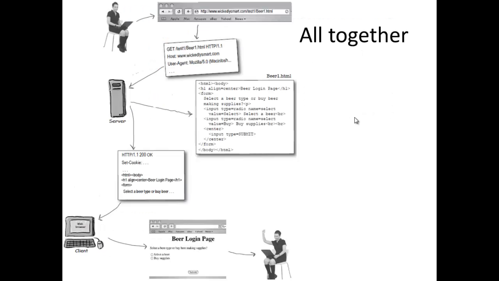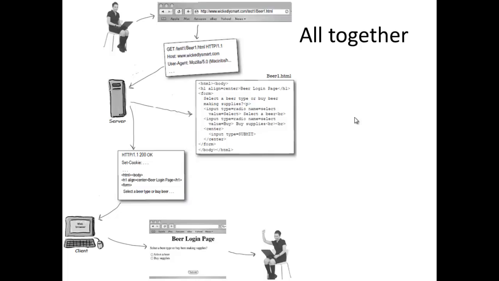Let's put it all together. This is the URL. You hit it, okay? And this is the form, in fact. vir1.html is the page that contains the form and the submit button. Okay?